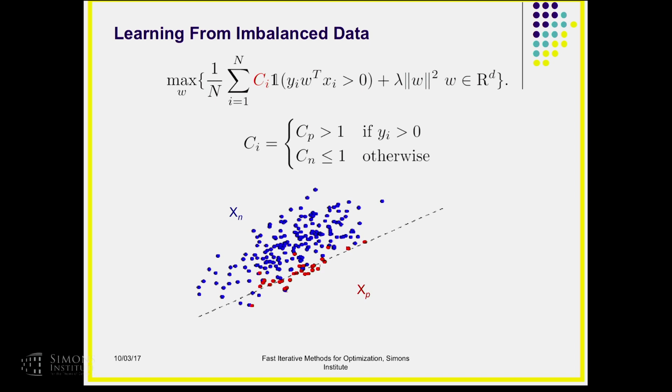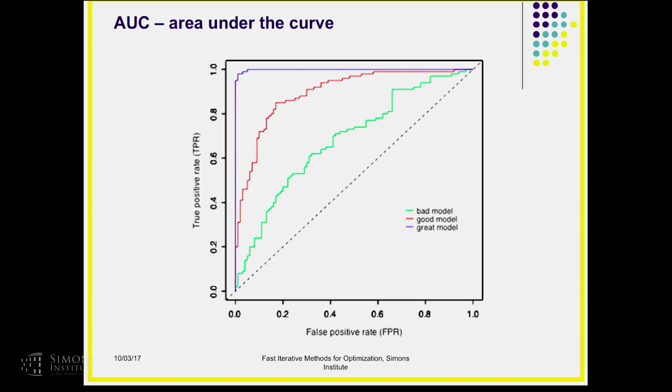If your spam is only 1%, you put a lot of weight on incorrect classification of your non-spam emails, and you hope for the best. But it's not necessarily the best way to deal with things, because then you need to pick these weights, and the output depends on the weights, so you're biasing yourself to a specific selection of weights. So you then have to choose the weights that give you the best AUC, and people sometimes do that.